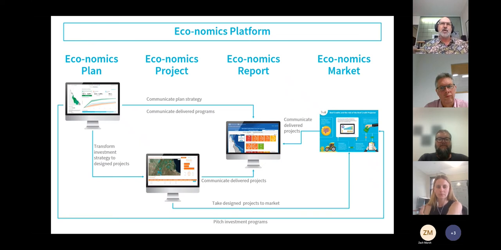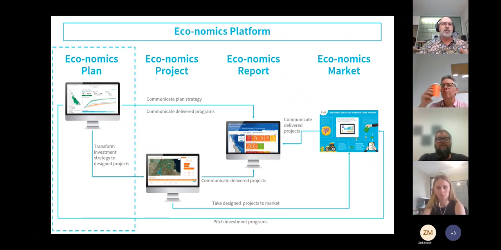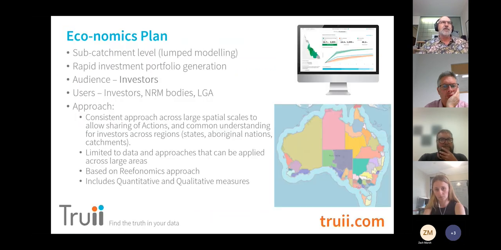And economics market, so to be able to facilitate getting these planned projects or investment programs into environmental marketplaces. The example is the Reef Credits marketplace. Each of these images here are representations of where we've had a crack at these things in the Reef region. This first round of activity is all around the economics plan, but it's done within the perspective of the broader platform, if that makes sense.